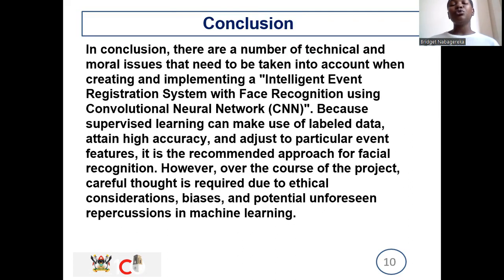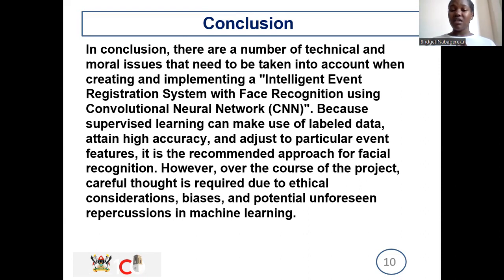In our conclusion, there are a number of technical and moral issues that need to be taken into account when creating and implementing an intelligent event registration system with facial recognition using CNN.